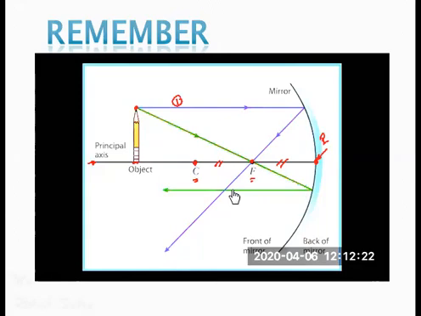The third reference ray will pass through this point. This point is the center of curvature. Center of curvature of what? Of this surface. This surface is spherical. So any ray from the center to the sphere is perpendicular to the sphere.